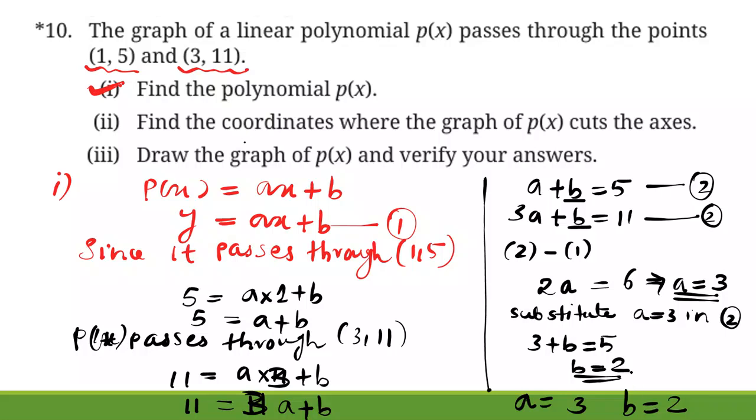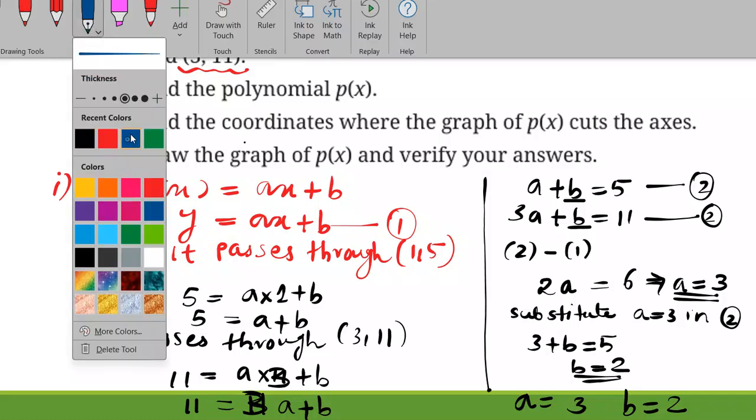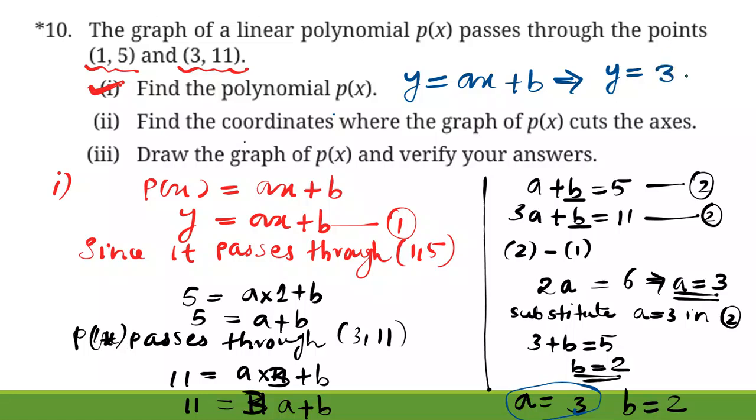If a is equal to 3 and b is equal to 2, what will be our polynomial? Our general format is y is equal to ax plus b. So we got a and b, and we can write y is equal to 3x plus 2 as our answer.